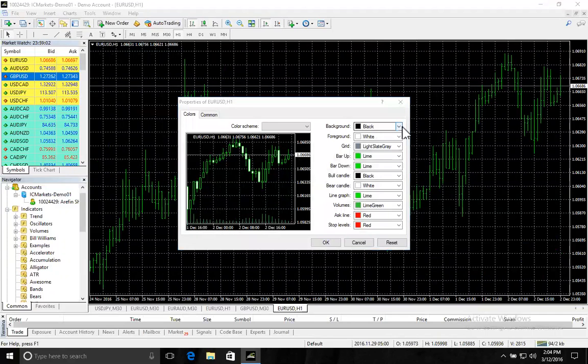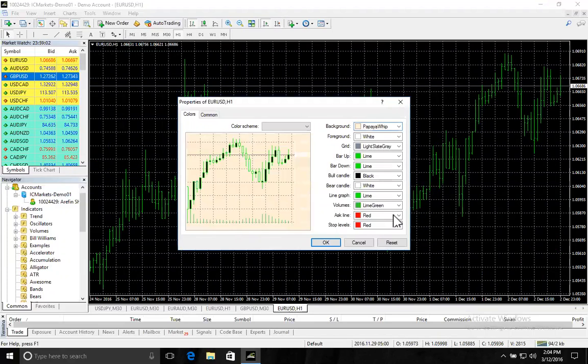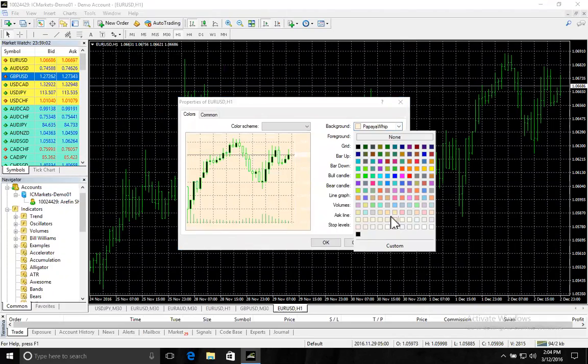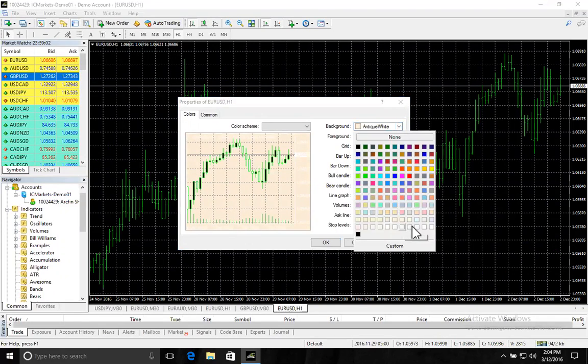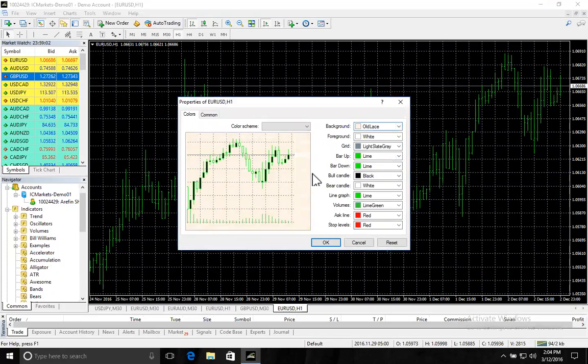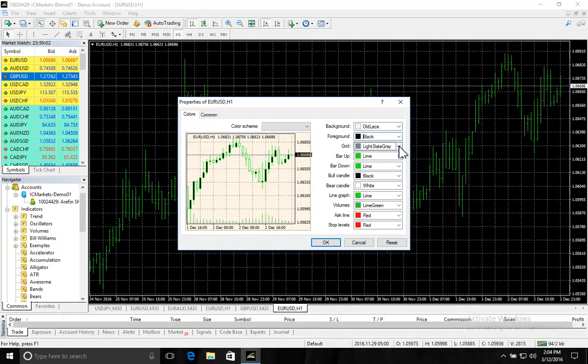We leave the background. If you want the same as mine, it's just papaya white, or that's actually a little bit stronger, maybe this one. Okay, so that's color. The foreground, you can move to black or gray if you like. The grid, it's okay. Bar up, lime. Bar down is red.